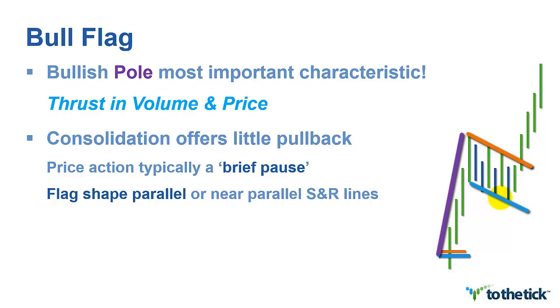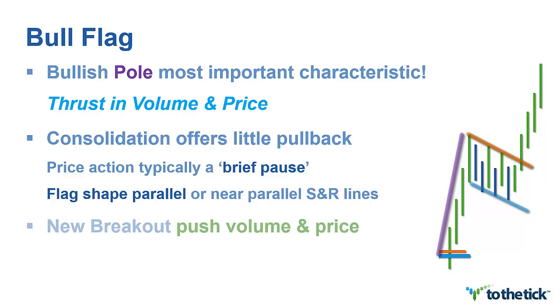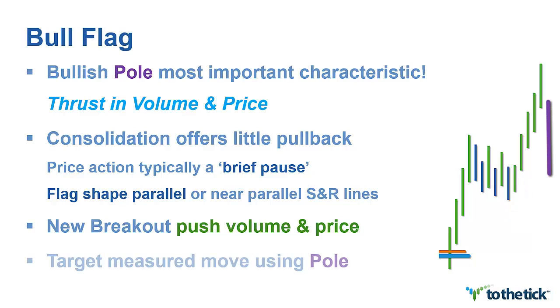It's brief, it's 2 to 3 swings, and we want that flag shape parallel or near parallel for that immediate support and resistance. Then we want that new breakout with the push in volume and price. And finally, we want to see that target measured move using our pole and getting a complete repeat of that first move. So thank you very much.